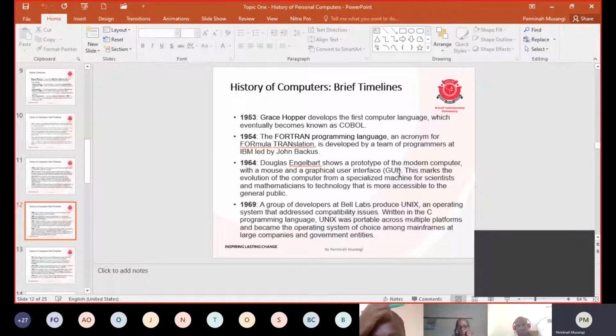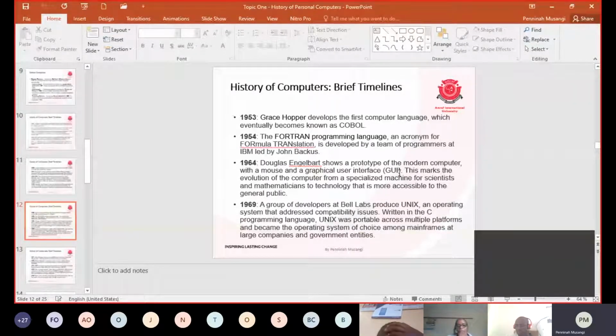And actually this marked the evolution of computer from being a specialized machine to a machine which could be accessible to the general public. Initially, before Douglas brought in the idea of using a mouse and having a graphical user interface, computers were mainly specialized and they were only used by scientists and mathematicians because they were using them to compute any computable idea.